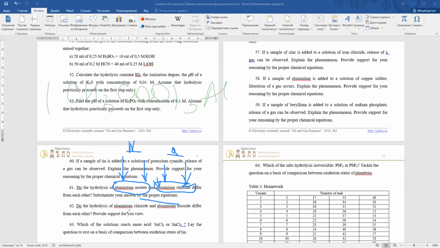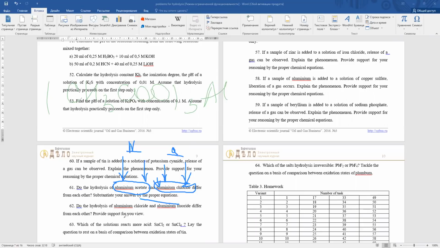Two drops of aluminum chloride. Neutral, and the second one is acidic.